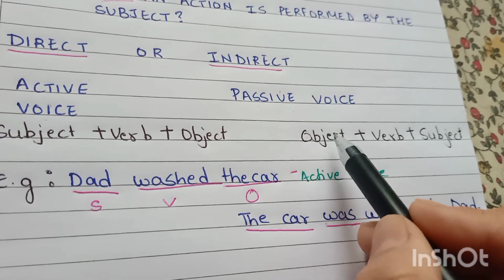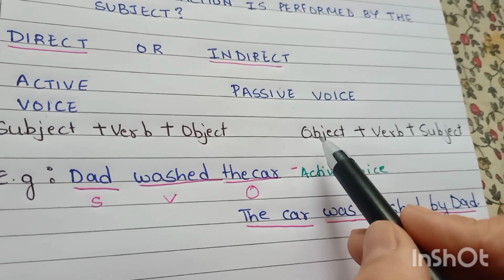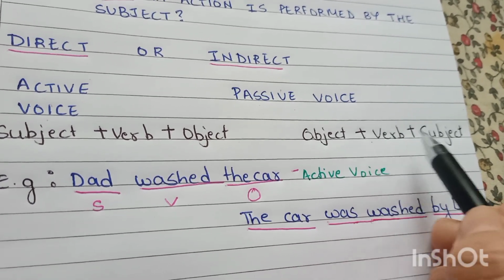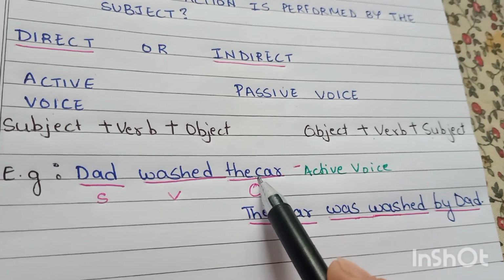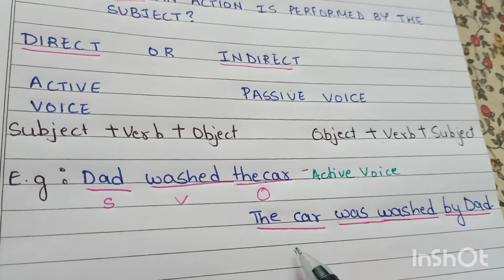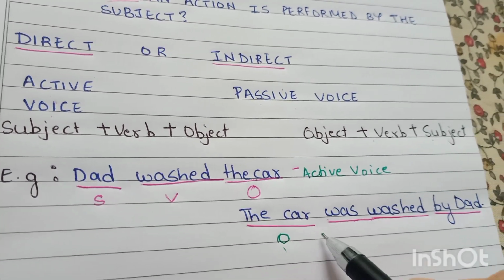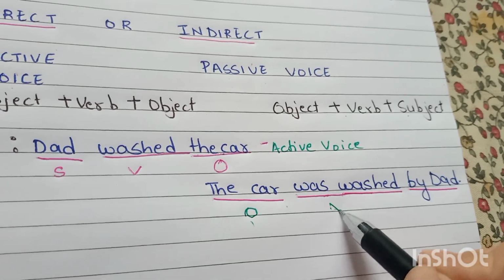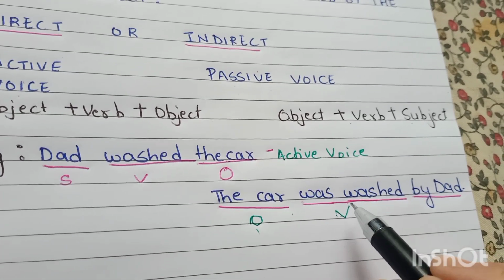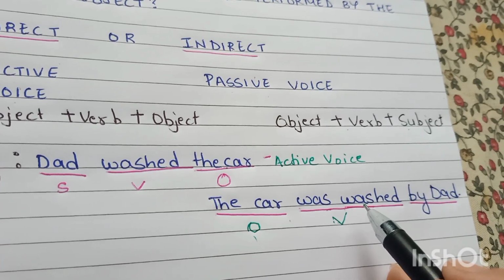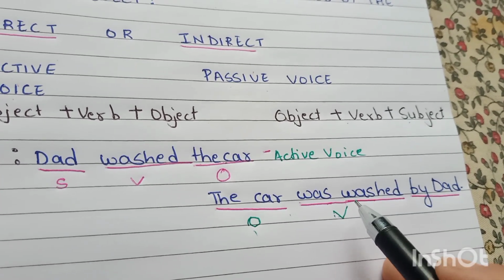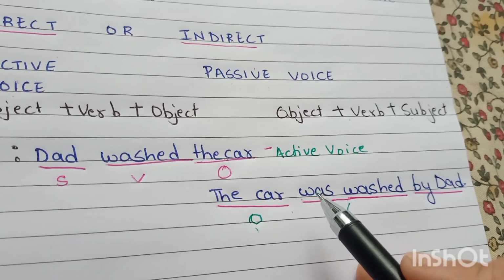In a passive voice, the structure of the sentence will be object, verb, subject. So the car, which was the object in active voice, comes here right in the front. Was washed will remain there. See, if you see in a passive voice, our verb is always accompanied with a helping verb.